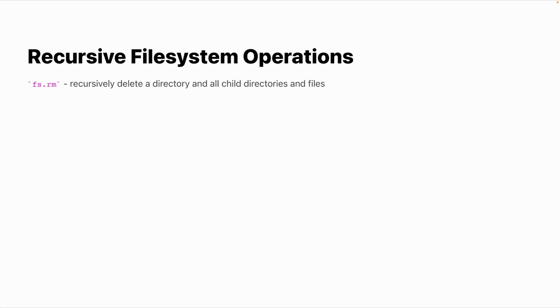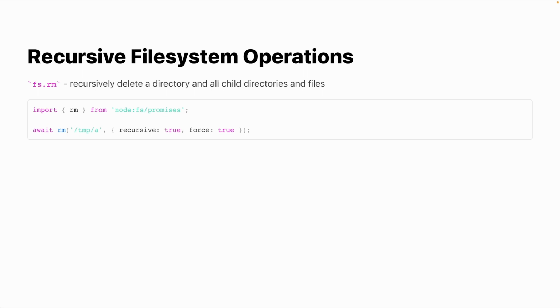Next up, let's look at the fs.rm function. This function recursively deletes a directory and all child directories and files. This is probably the feature from this talk that I worked on the most. I should also point out that this feature is implemented based on the rimraf package from npm. So here's an example of using rm. Here we're saying we want to rm /temp/a.